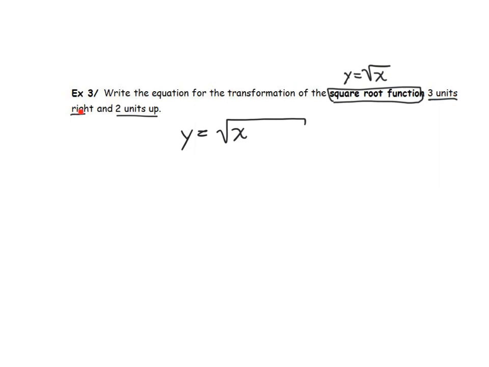So 3 units right should go inside, and right I know is subtraction, so right 3. 2 units up should be outside my function. So outside, I'm going to make sure that it's clearly indicated on my paper that my square root symbol ends, and then I add 2 after it. So the x minus 3 is clearly within the radical. The plus 2 is outside.